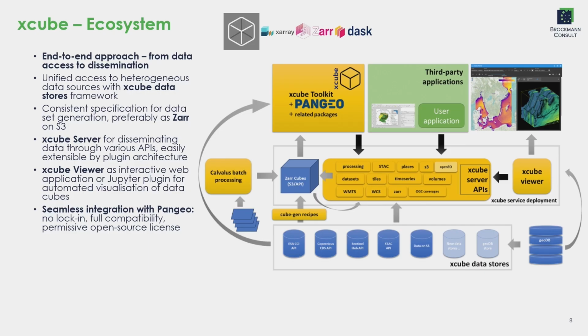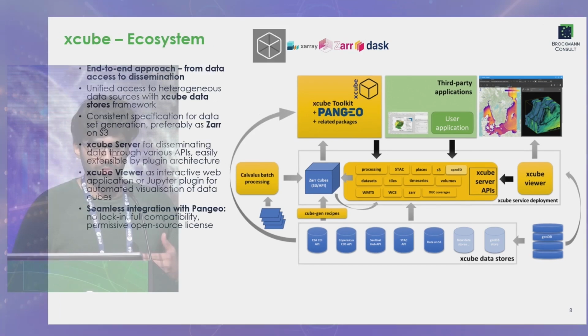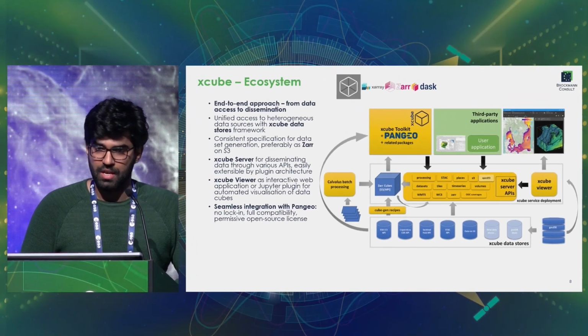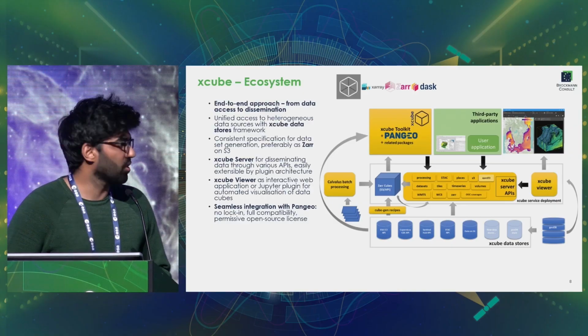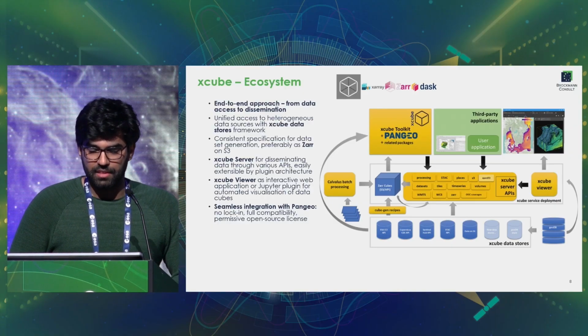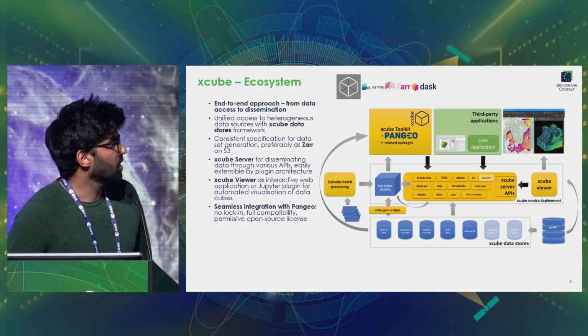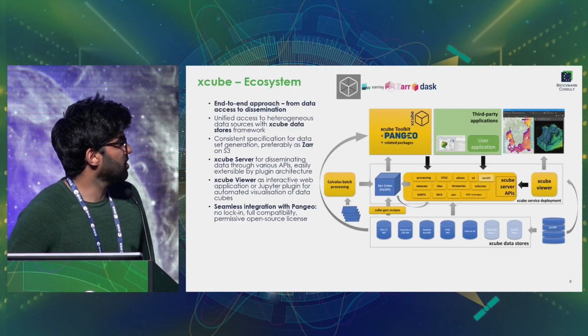And then you have APIs through which you can do lots of processing. You have resampling capabilities, you have time series, you can create histograms and something like that. And the final one is the dissemination part, so the Xcube viewer and the server, which you see at the complete top.